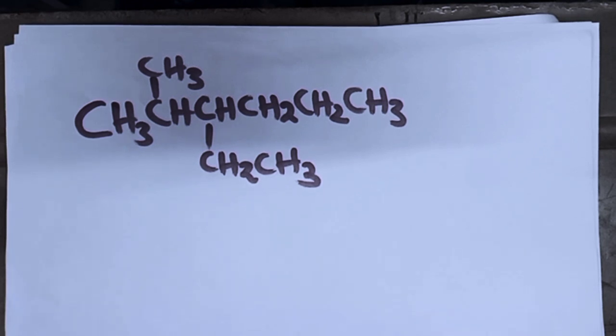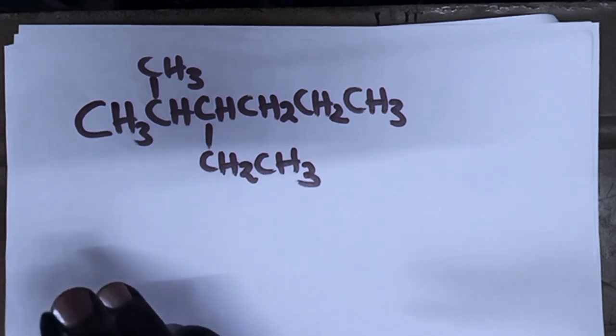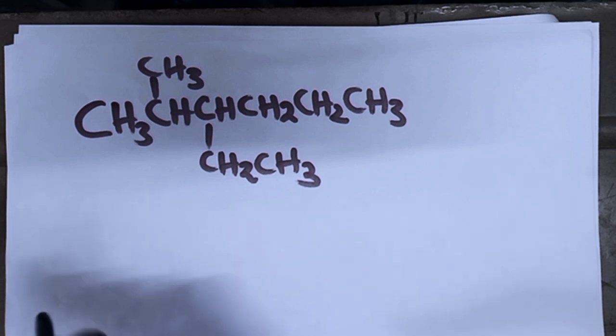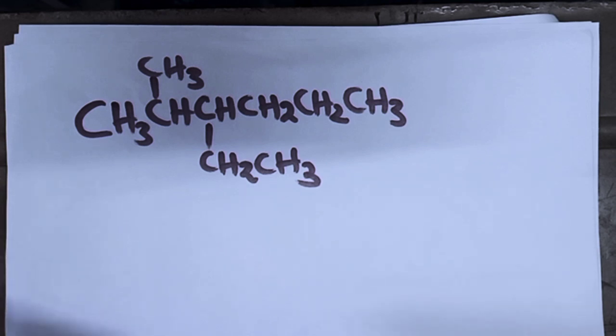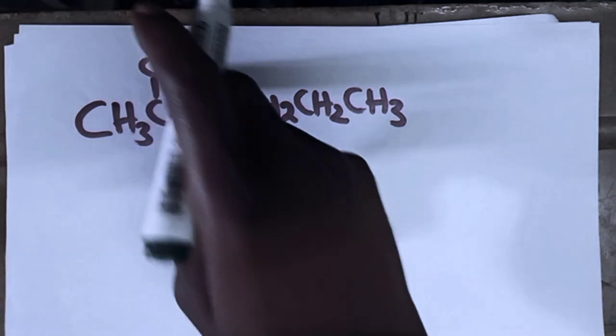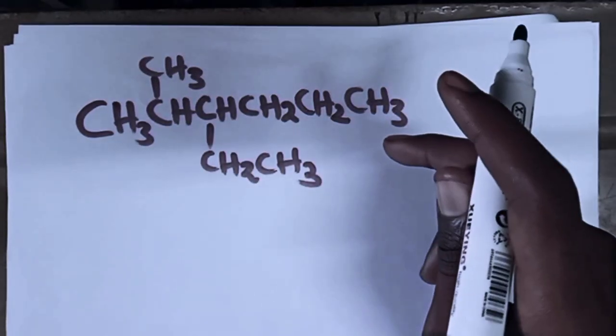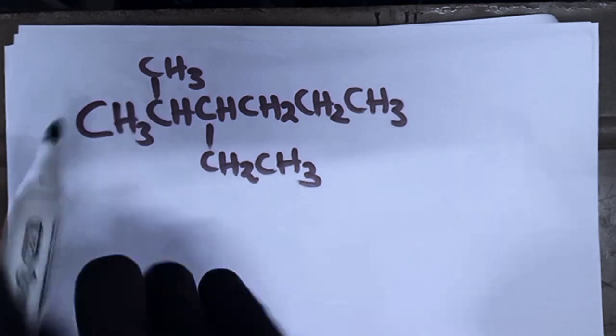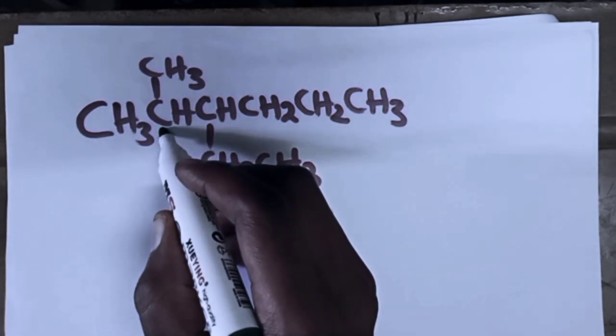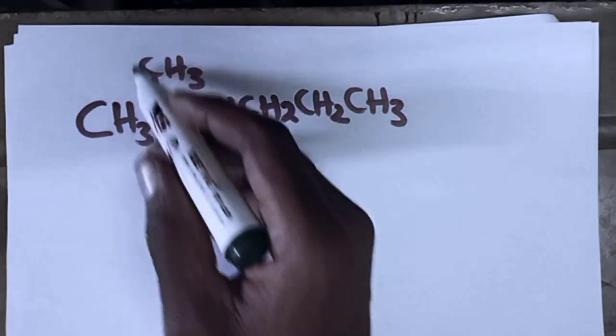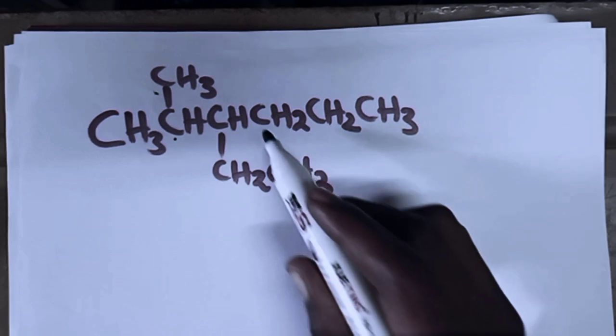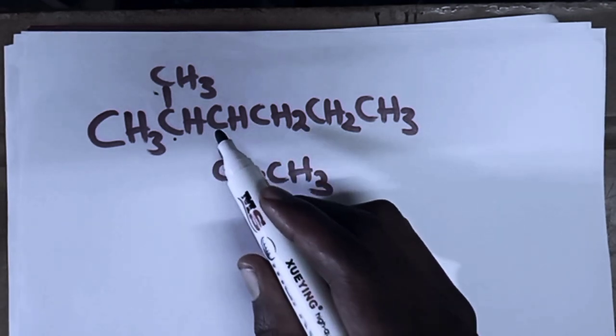Now, where do you start numbering from? It is very important. You start from the end that has, near it, a functional group or a side chain. What is a side chain? These are groups attached to the longest chain. So if we start from here, 1, 2, meaning here we found the side chain at carbon number 2. How about starting from this side? 1, 2, 3, 4, meaning the first side chain is on carbon number 4.